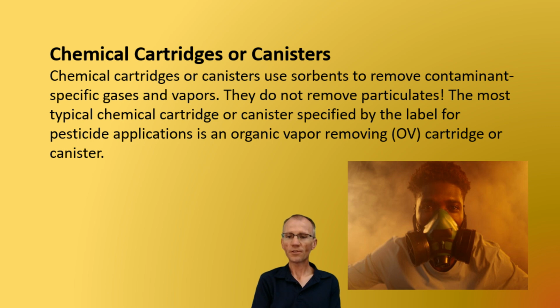Chemical cartridges or canisters use sorbents to remove contaminant-specific gases and vapors. They do not remove particulates. The most typical chemical cartridge or canister specified by the label for pesticide applications is an organic vapor removing (OV) cartridge or canister.